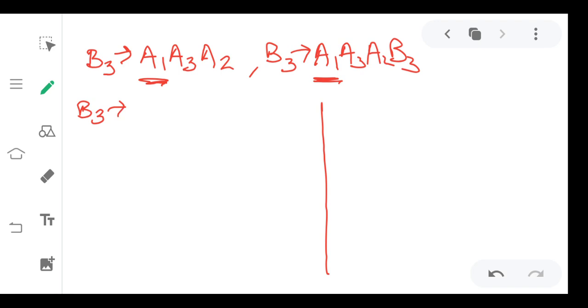So what are all the A1's production I have to replace. B, A3, A2, B3, A1, A3, A3, A2. That is, this part we have to keep it as such.